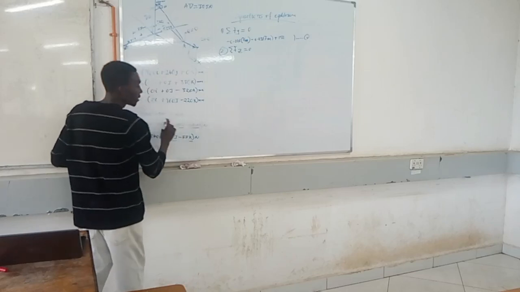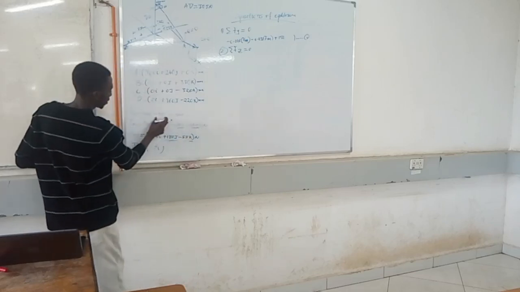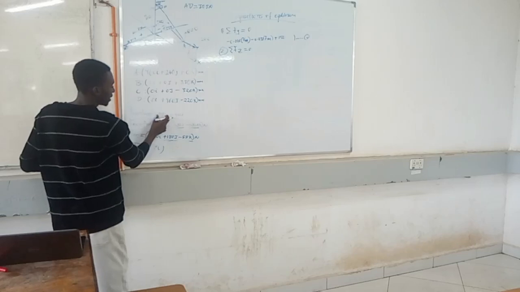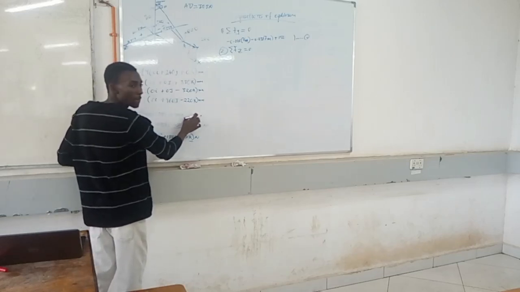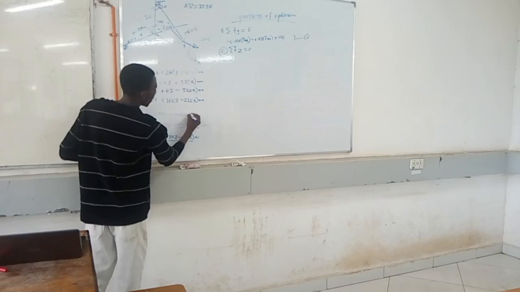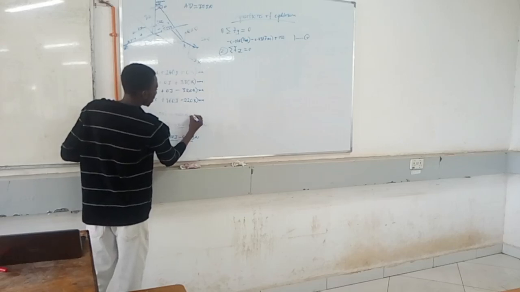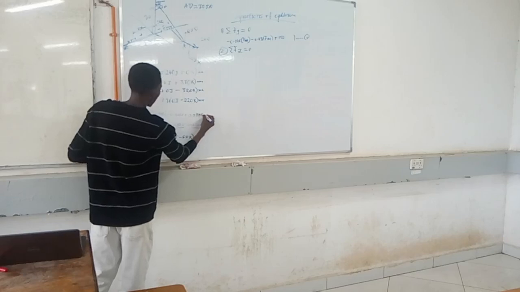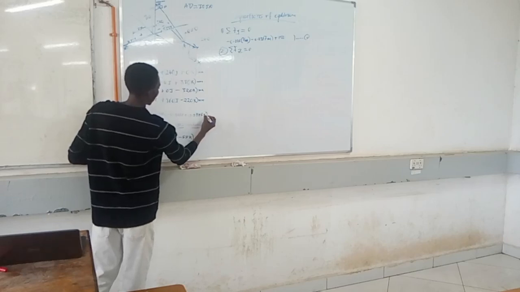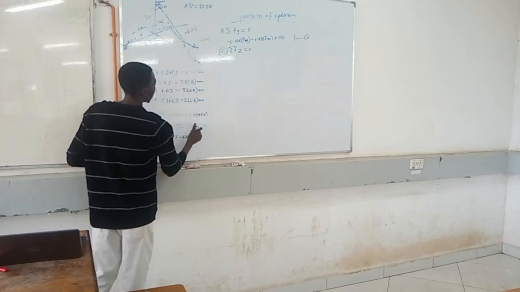This one, we found it. This one, force AB, in the X, in the Y, and in the Z. What was in the Z? Positive what? 0.3585 K. Yeah, IJK.